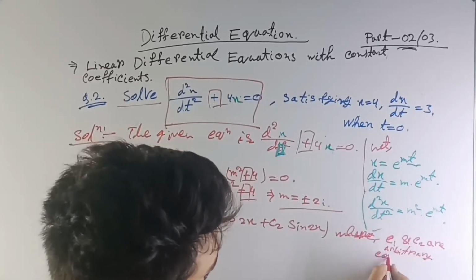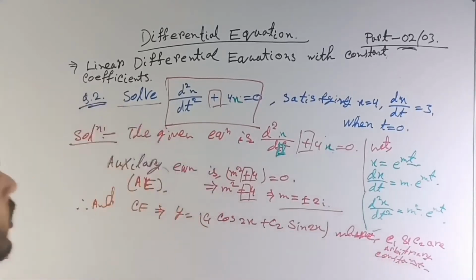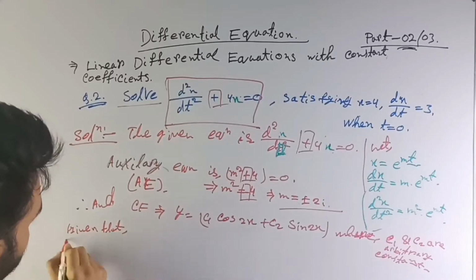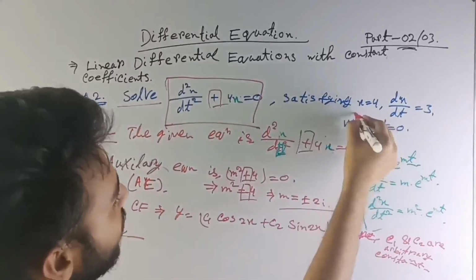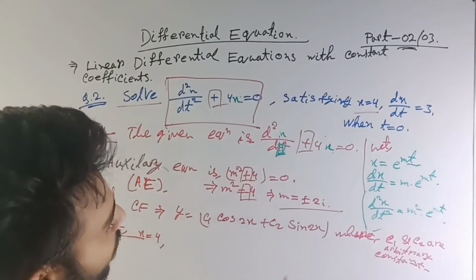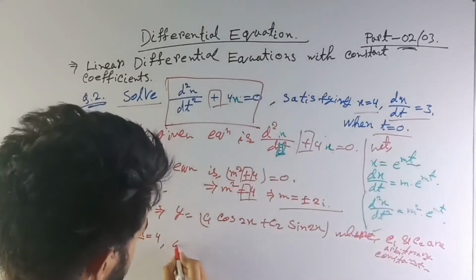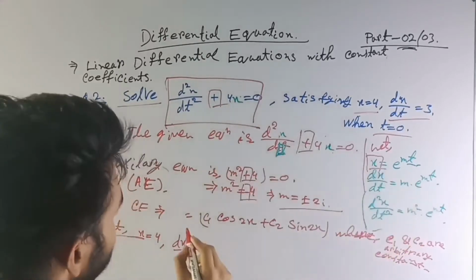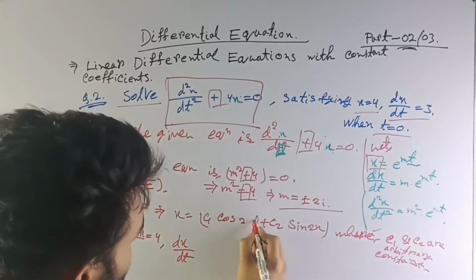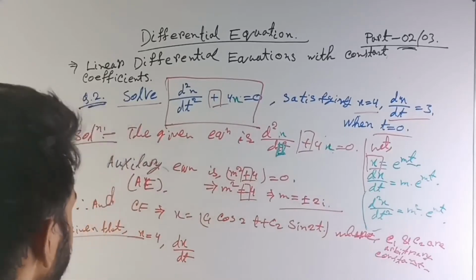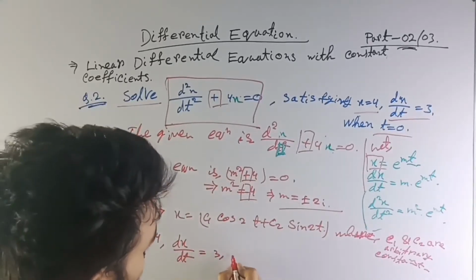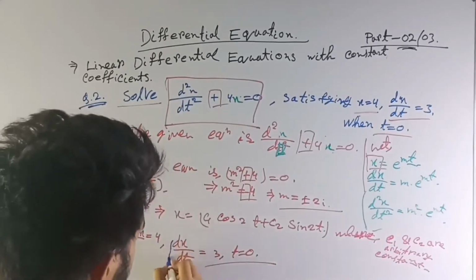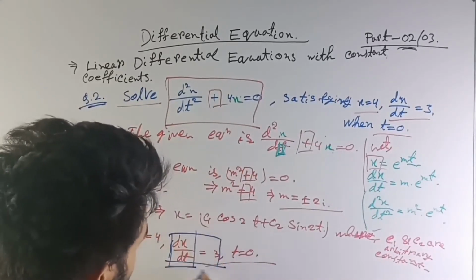Here you can see that x becomes t and y becomes x. Watch the first video, you can watch the question. So d2x/dt2 + 4x = 0, left hand side has the equation and right hand side is 0, therefore CF equals y.